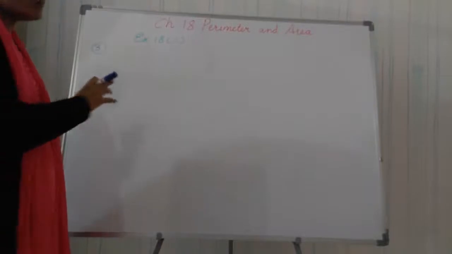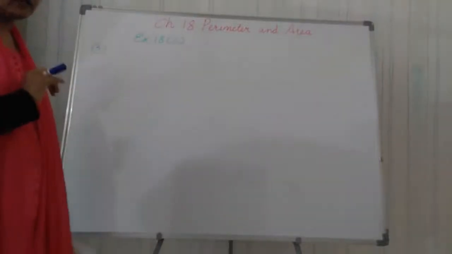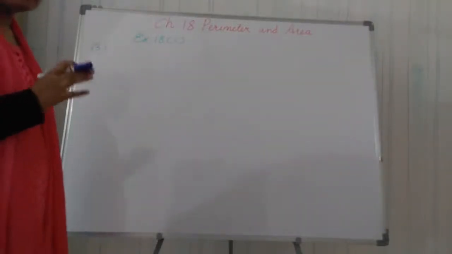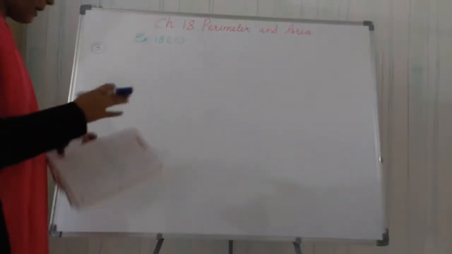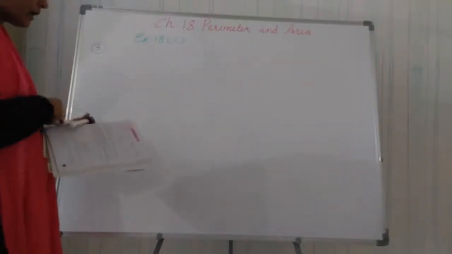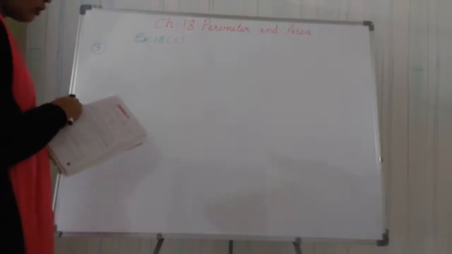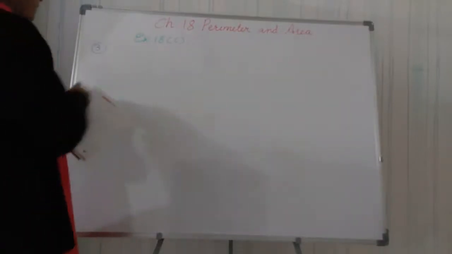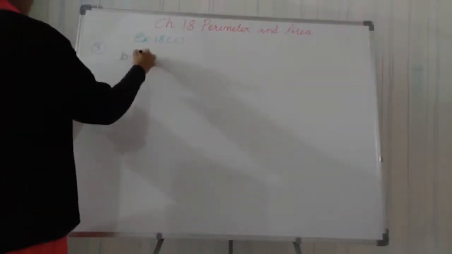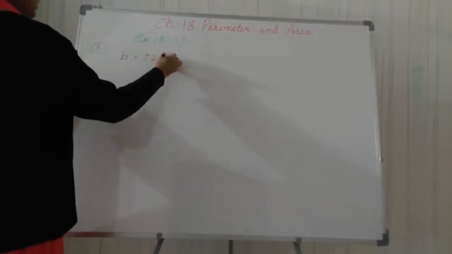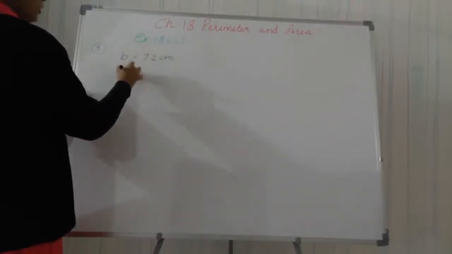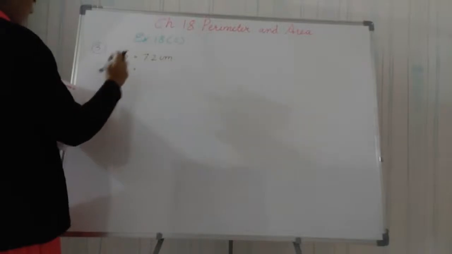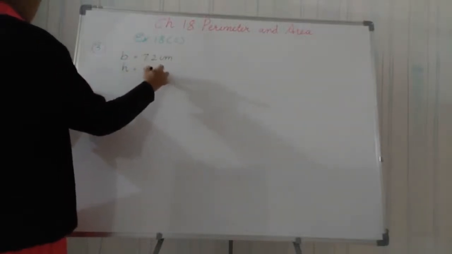So in rhombus, all the sides are equal. So here we can use the same formula of area of parallelogram. So I write here the side of rhombus, that is the base. Okay, I write it as base 7.2 centimeter. And the height, the word altitude is nothing but the height, given as 5 centimeters.